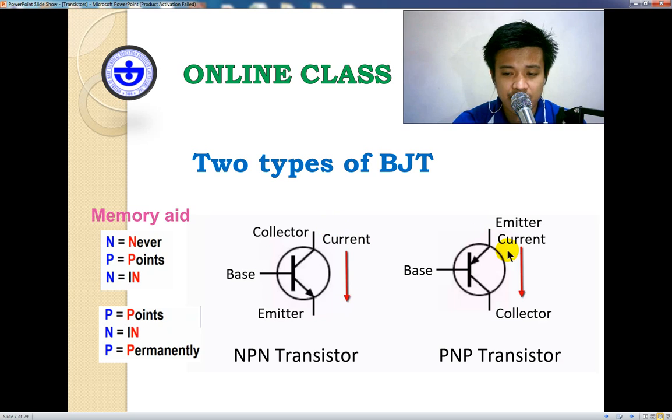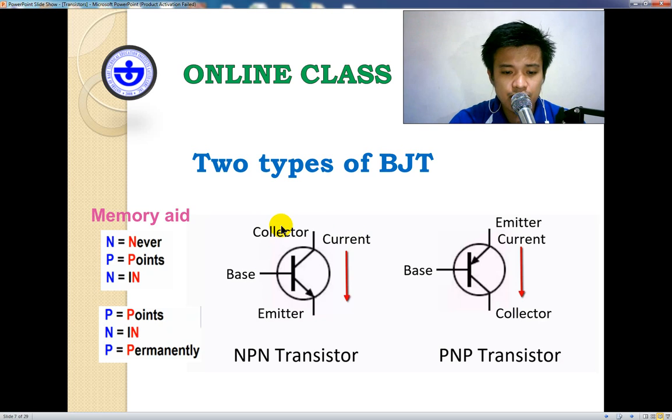And the current will flow in these two directions only when the base has enough current, because if it has more or less than that, it will not allow the current to flow in this direction. Well, anyway, it depends on its orientation in the circuit.